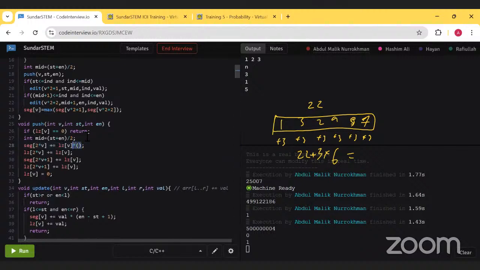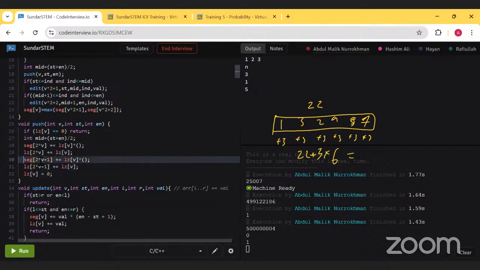Do you know what shall we do here and what shall we do here? And well, the lazy is just the same. If in this range we want to add by 3, then all the children also get 3, regardless of the length.